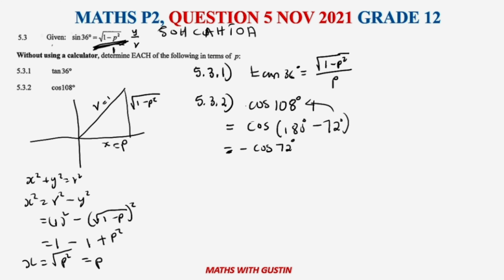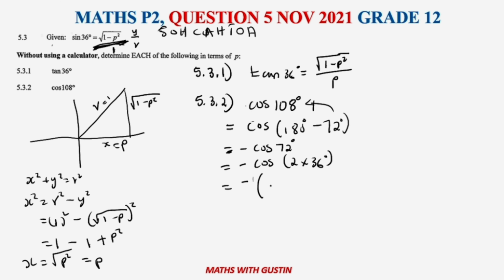We know that 72 can mathematically be written as 2 times 36, so it is negative cos 2 times 36. I hope it's clear, guys. Now we need to simplify this identity.